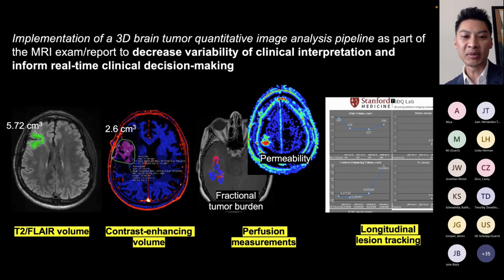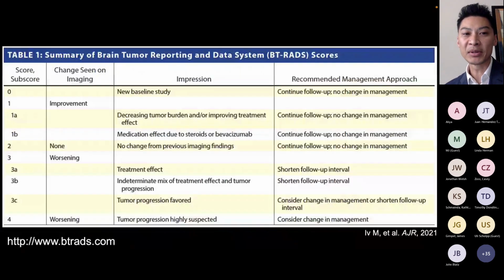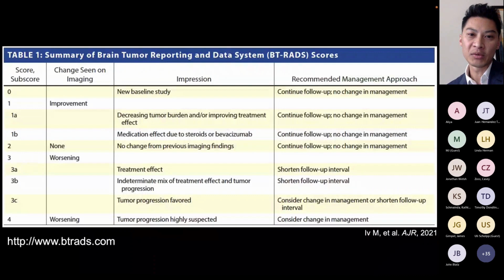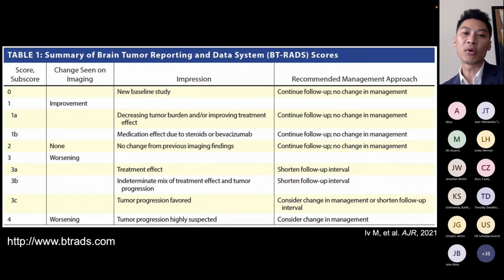So we wanted to implement this at Stanford, where we got 3D volumes and measurements of perfusion, and we can track it over time. And we also implemented a brain tumor reporting and data system scoring into a report to help clarify our interpretation. And this is known as BT-RADS.